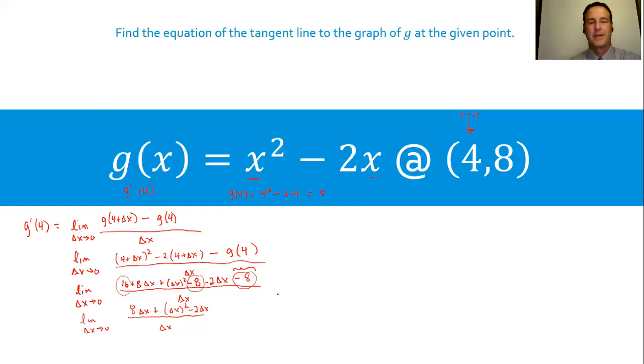All right, let me write some work up here. If I've done my work right, there's a chance that my delta x will cancel out on the bottom, and actually it should. This is the limit as delta x goes to 0, and I'm going to factor out a delta x.